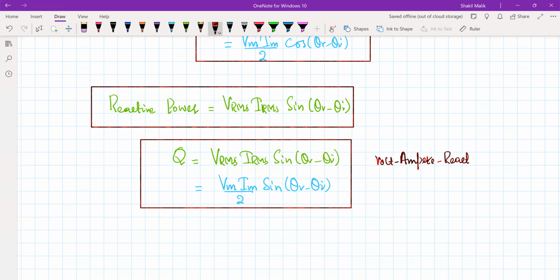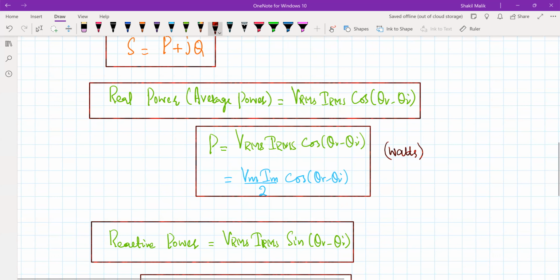We'll see the meaning of what is meant by reactive, hopefully in the next class. It is denoted in short by VAR. VAR means volt ampere reactive. All right, so these are the units of P and Q.